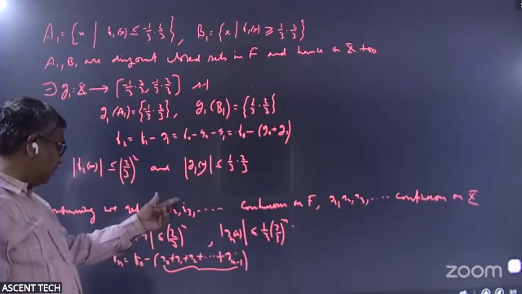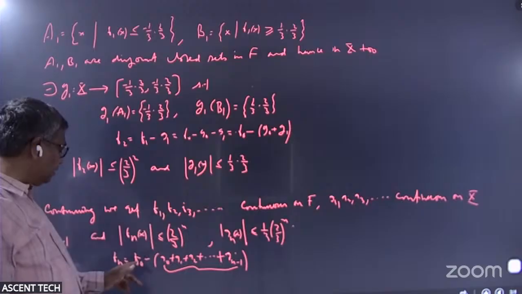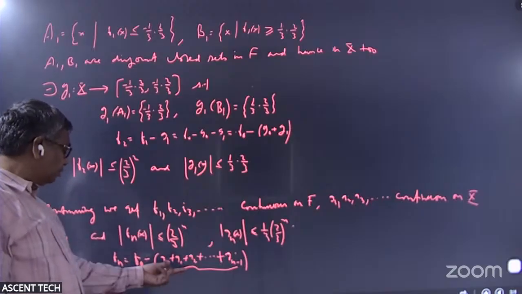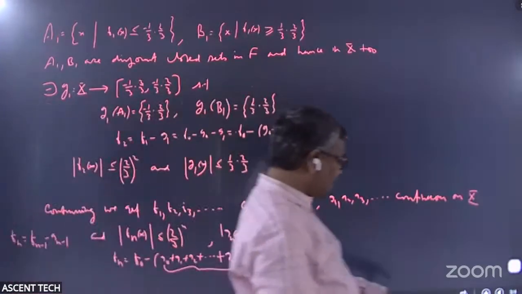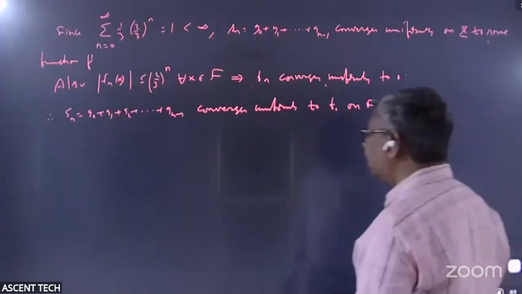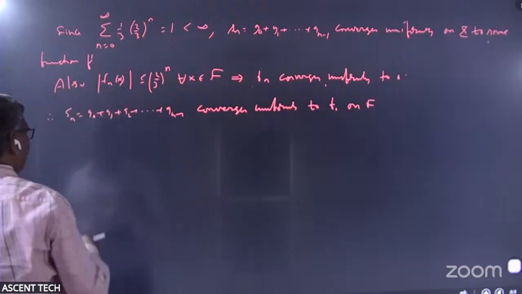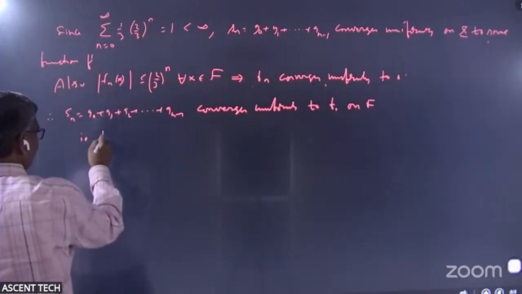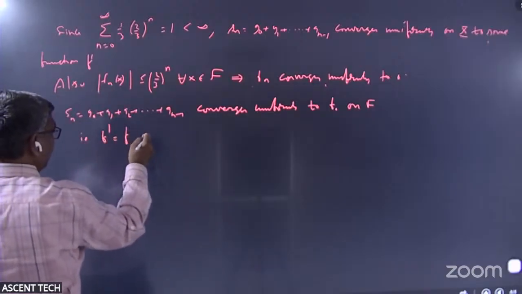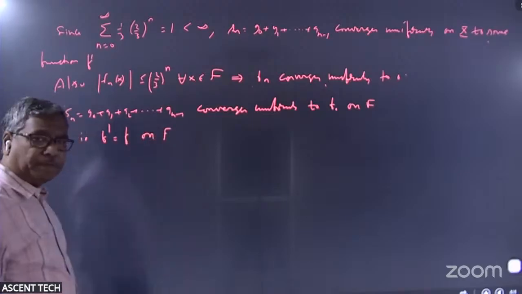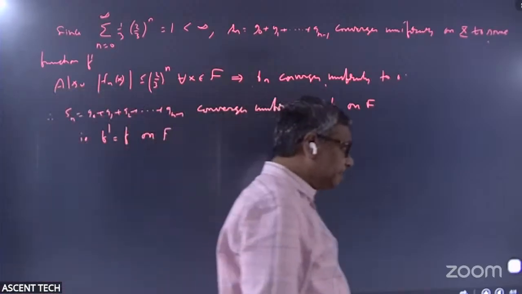This converges to F0. I think I'm saying the same thing again and again. This converges to F0 on F, but that is F dash equal to F on F. We finish the problem. This is Tietze's extension theorem.